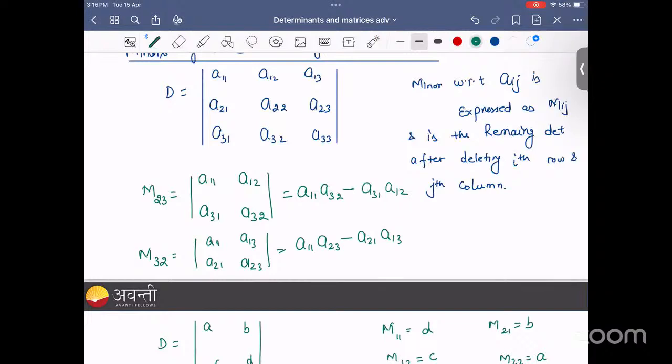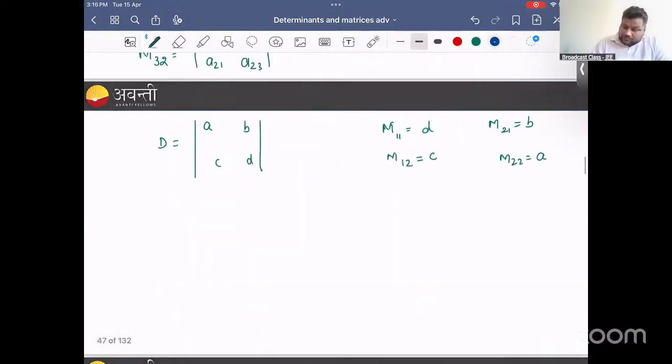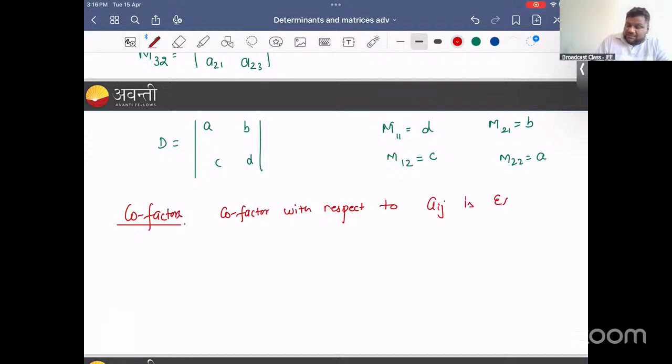Well, now there comes a point, cofactors. The cofactor with respect to Aij is expressed as Cij, and it is minus 1 raised to the power i plus j into Mij.